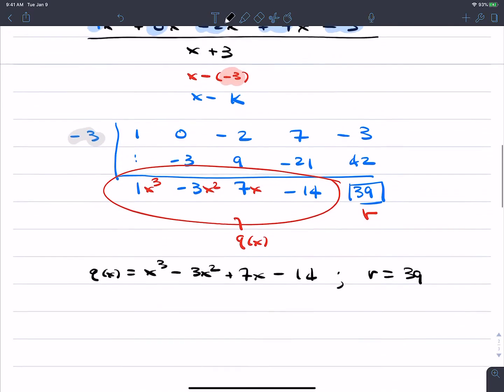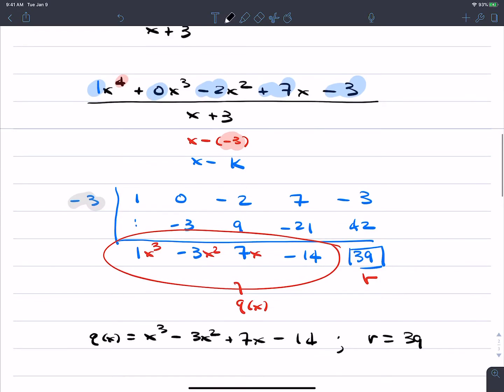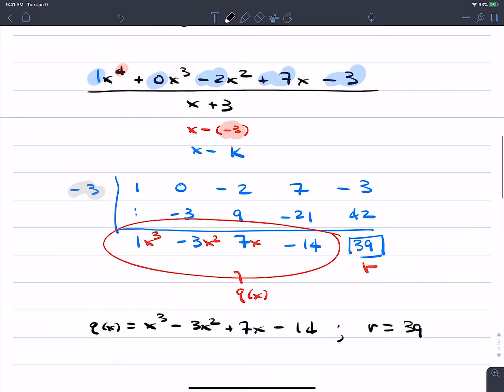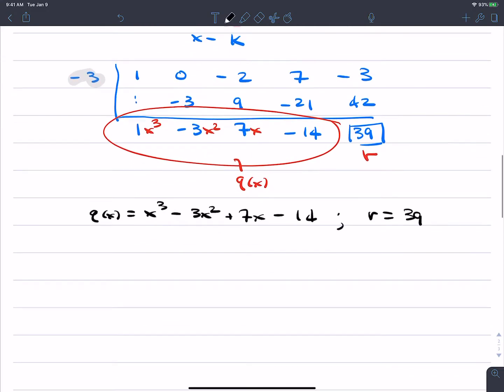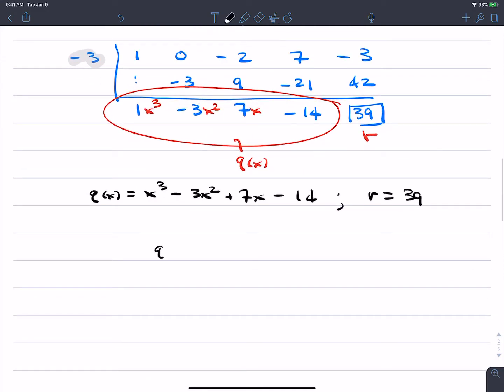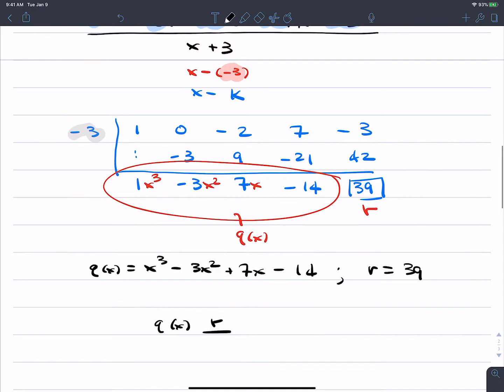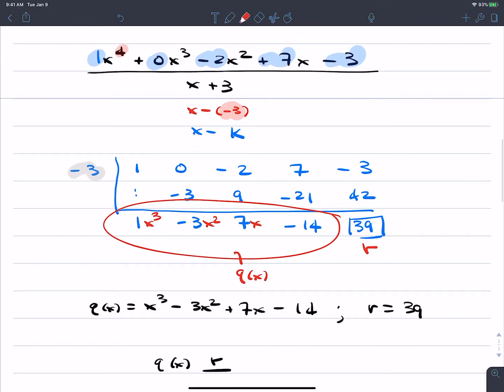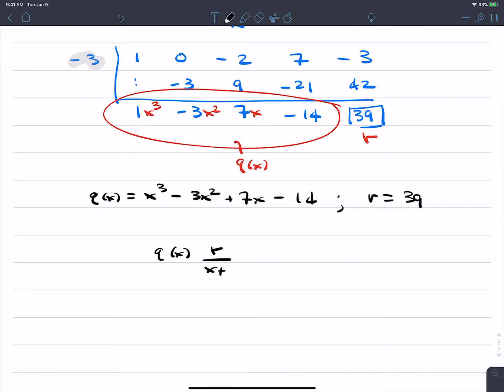So if you remember from beginning algebra, where you had to divide this polynomial by a linear factor, a linear term, we wrote our answer as the quotient plus the remainder over whatever was doing the dividing. And in this case, what's doing the dividing is x plus 3. So we're going to put this over x plus 3.